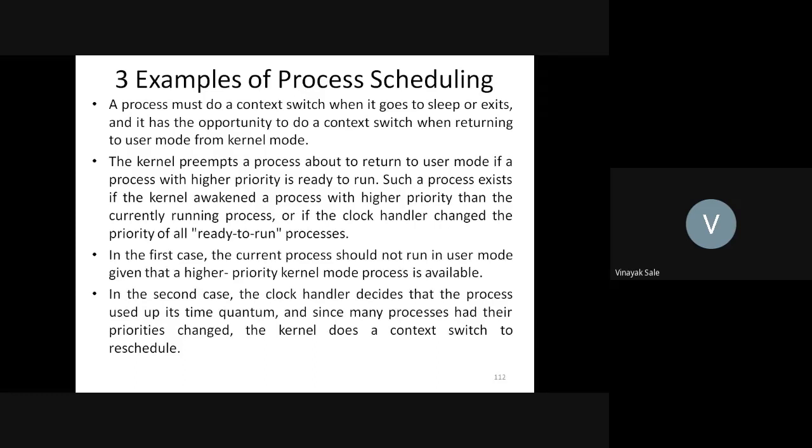Such a preemption occurs if the kernel wakes up a process with higher priority than the currently running process, or if the clock handler changed the priority of all ready to run processes.